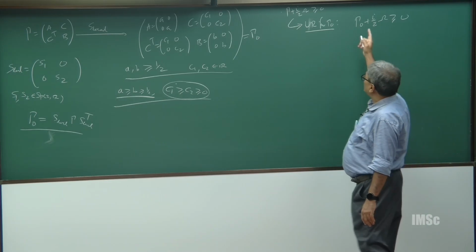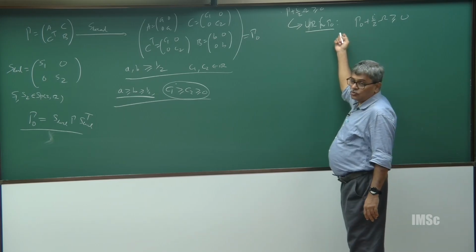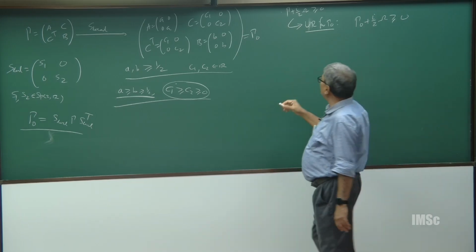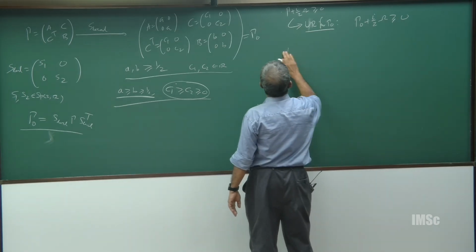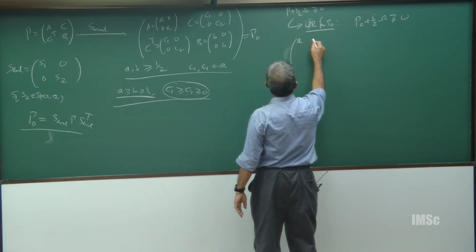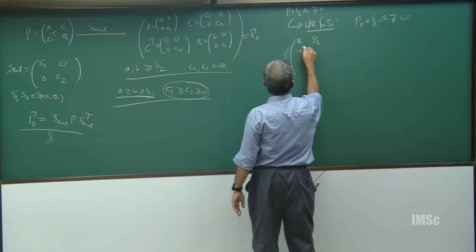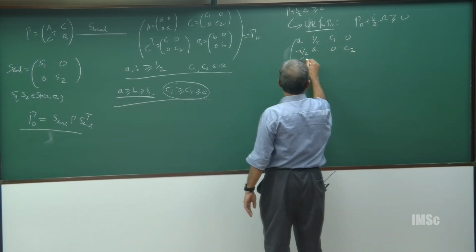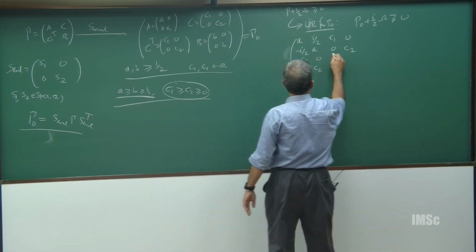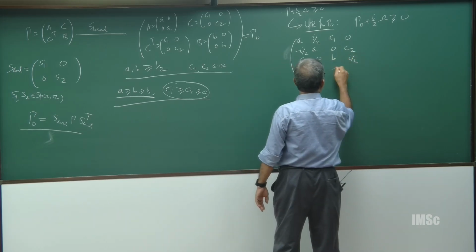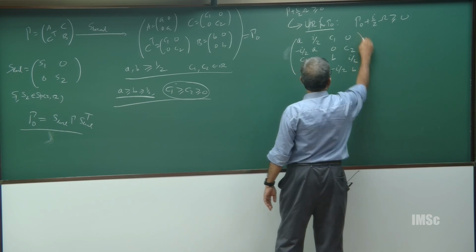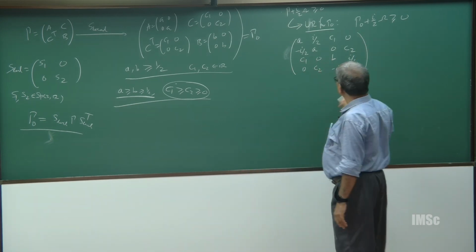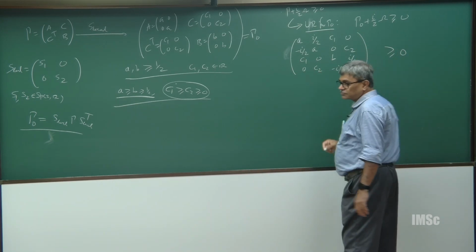Now, if I want to figure out, so basically what you need to look at is this matrix A, iota by 2, minus iota by 2, A, C 1, 0, 0, C 2, C 1, 0, 0, C 2, B, iota by 2, minus iota by 2, B. This is the matrix and you will have to prove that this is greater than or equal to 0.